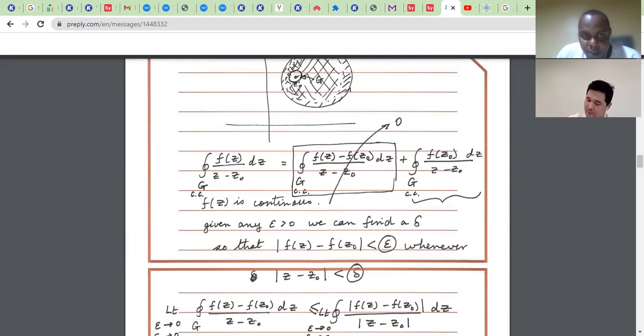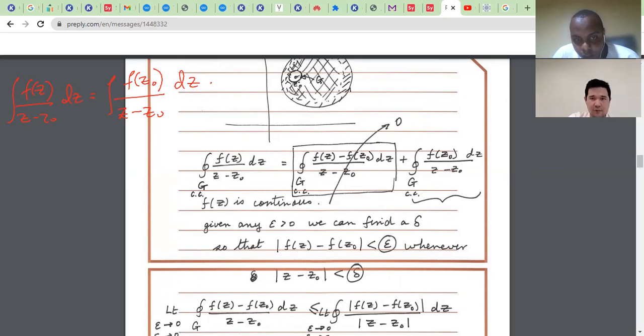And so the integral of f of z divided by z minus z naught dz becomes equal to the integral, so this is g counterclockwise, of f of z naught over z minus z naught dz. The two integrals are equal.